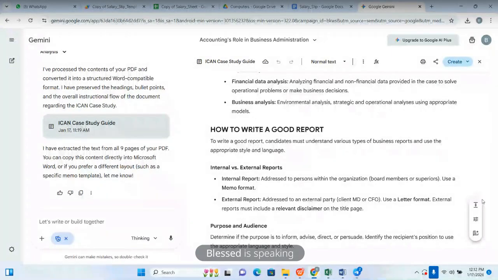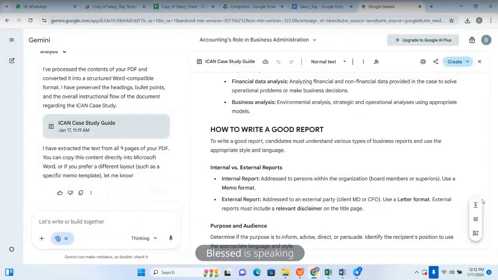Once you see something like that, where a particular company employs the service of a chartered accountant or of a firm, they are talking about an external report. You are to write an external report because that report is not to be consumed within the firm. They are to give it to their client.